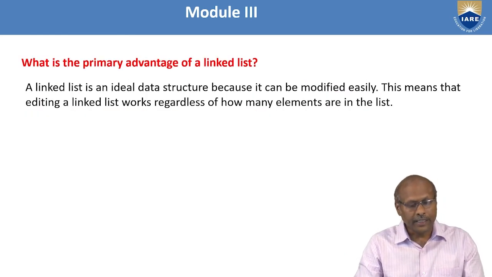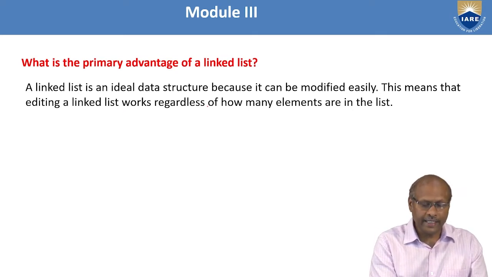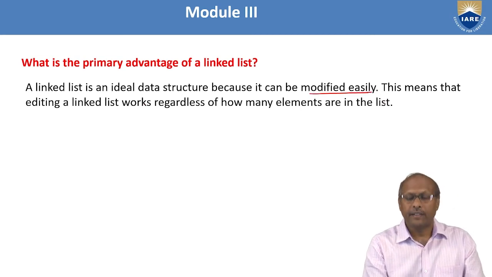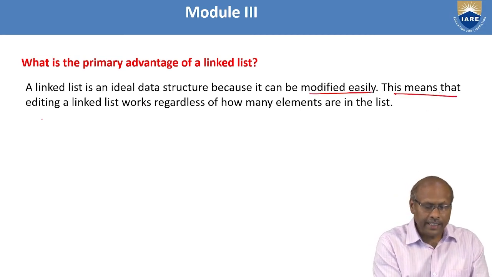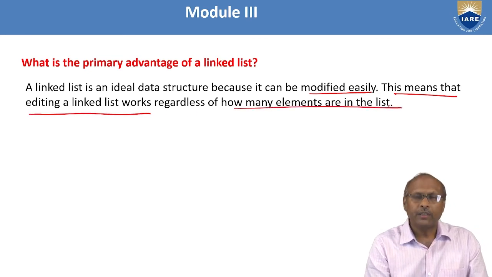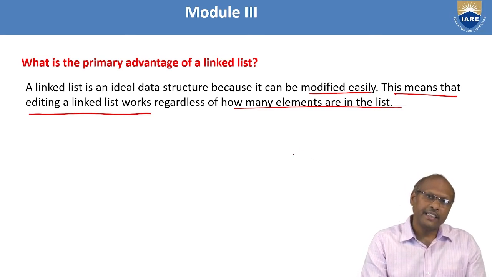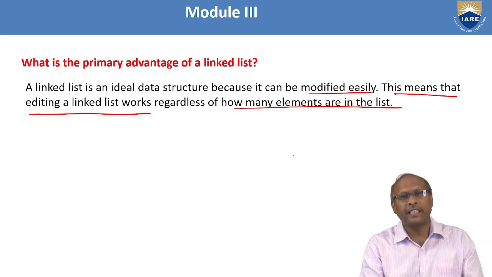Next, what is the primary advantage of a linked list? Why are linked lists useful? Then you should say a linked list is an ideal data structure because it can be modified easily. This means that editing a linked list works regardless of how many elements are in the list. So, it is more flexible. Adding, inserting or deleting is easy in the case of a normal linked list.